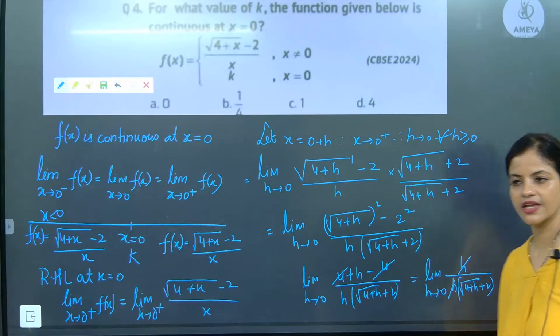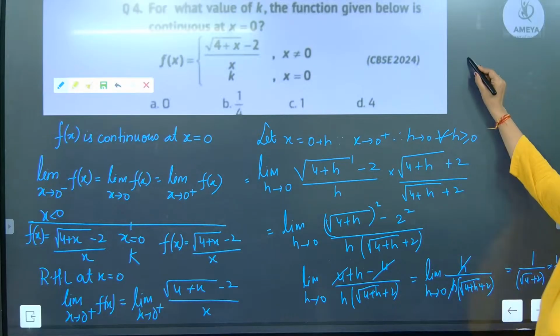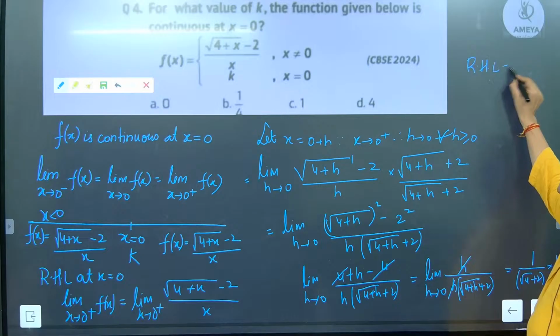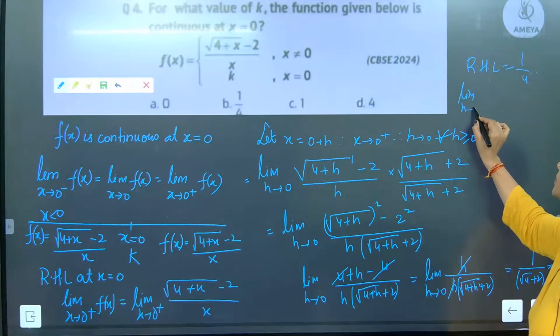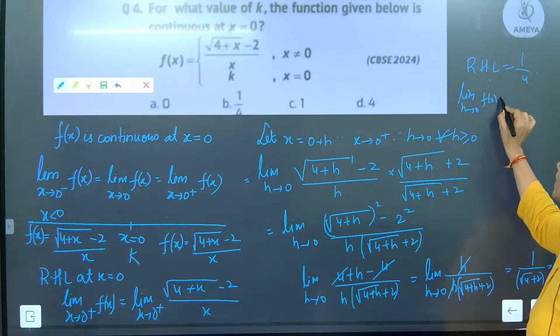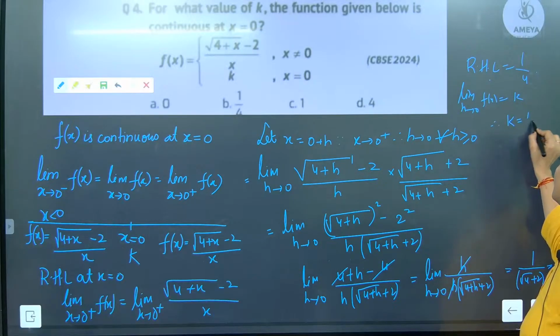The h will get cancelled, and h becomes 0. Now root under 4 plus 2: root 4 is 2, plus 2 gives 4, so 1 by 4. So RHL value is coming as 1 by 4, and limit h tends to 0 of f of x is k. Therefore k is equal to 1 by 4.